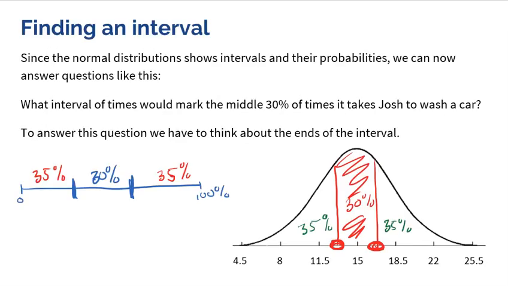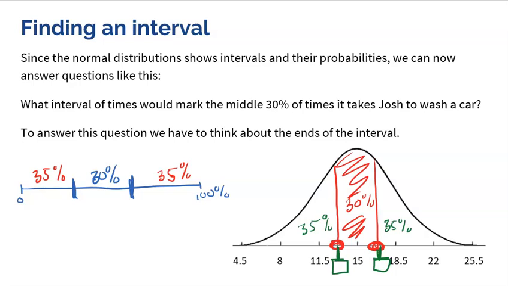So again, what I'm actually after here is I need to find the z-score that represents the beginning of this interval and the z-score that represents the end of this interval. Once I have those z-scores, I could then use the z-score formula to solve for the actual time at the bottom and the time at the top. So the big question is, how the heck do I get those z-scores?